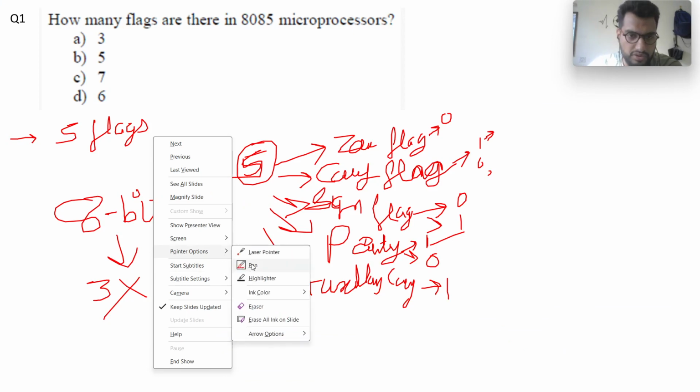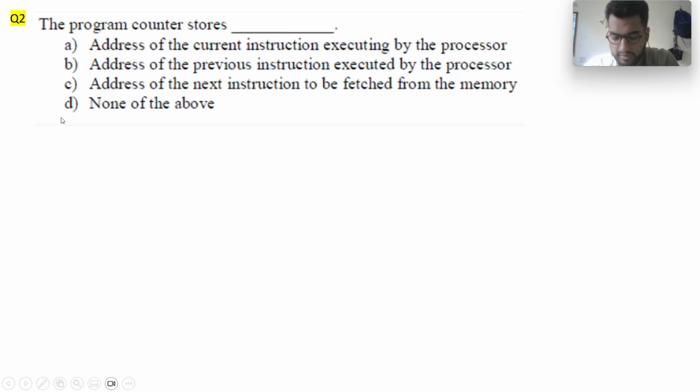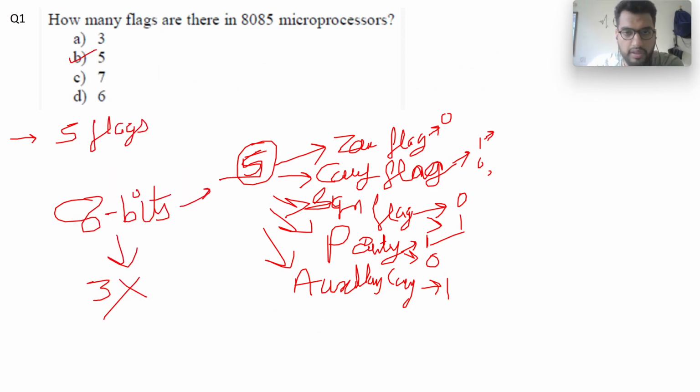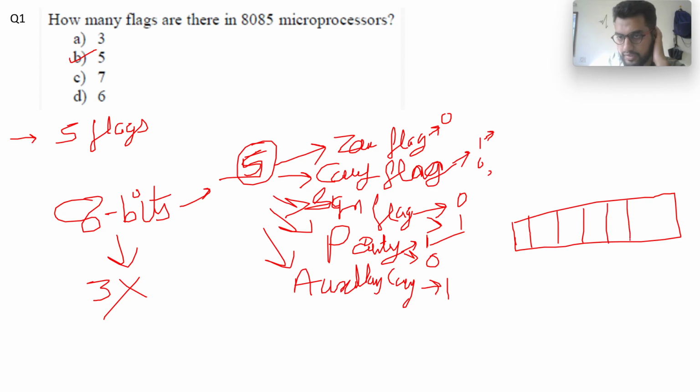So the answer to this question was 5. And I can also show the location where these are present. If we divide the contents of the accumulator like this, 1, 2, 3, 4, 5, 6, 7, 8, this is your D0, D1, D2, D3, D4, D5, D6, D7.